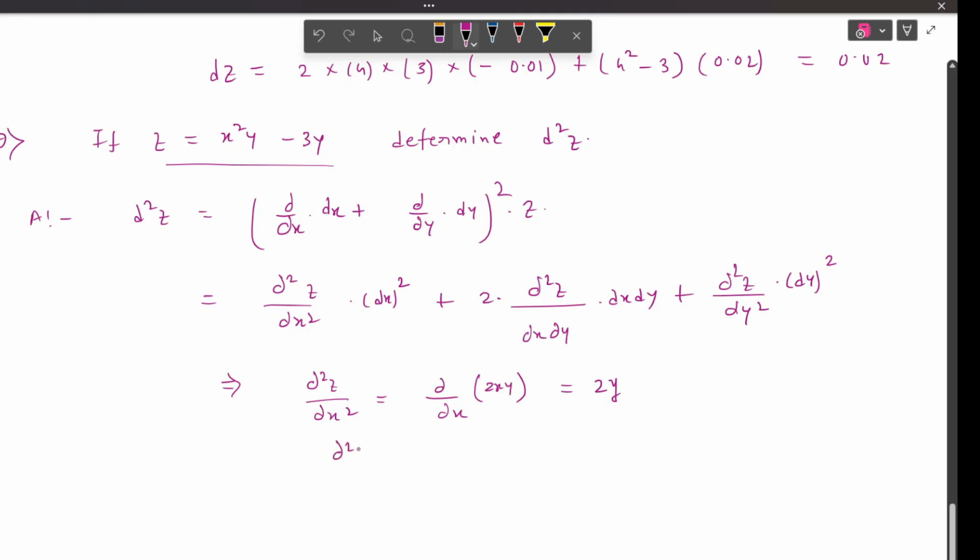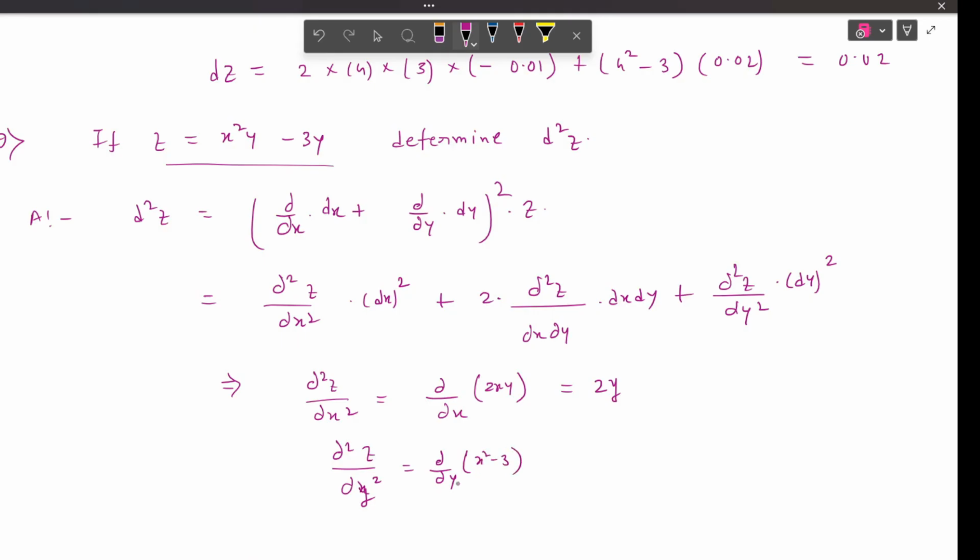Now del 2 z upon del y square would be del y of del z by del y. So del z by del y, x is constant, so it would be x square minus 3. So again x is constant, 3 is already constant, so it will be 0, right?